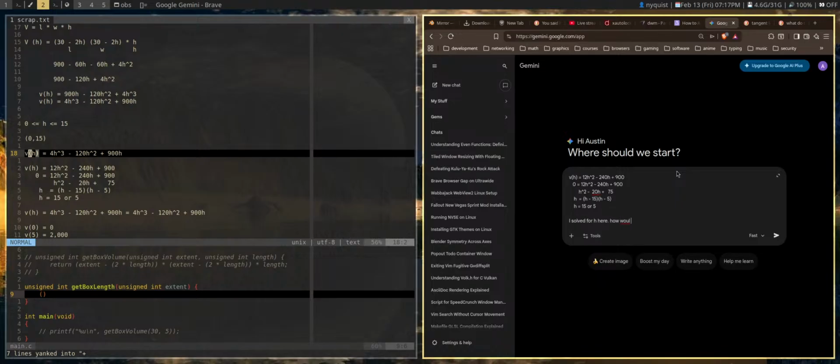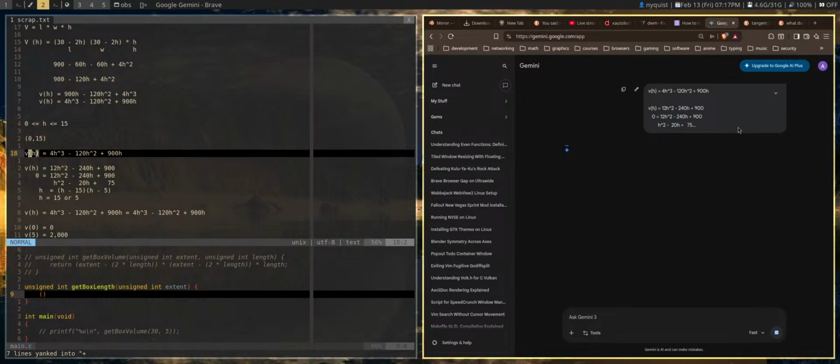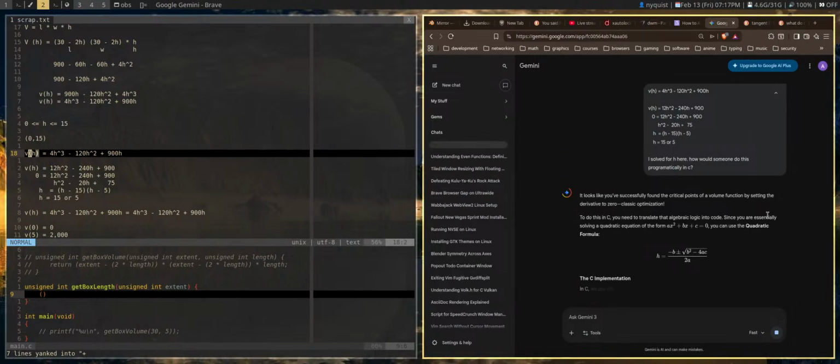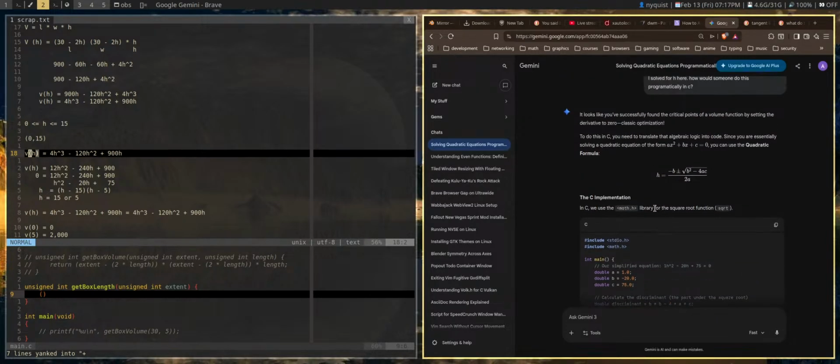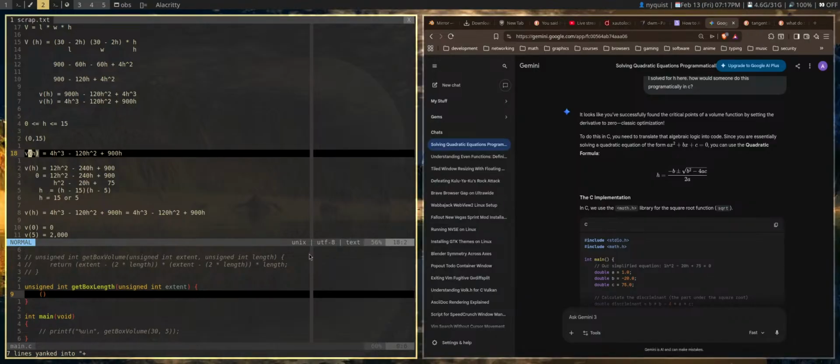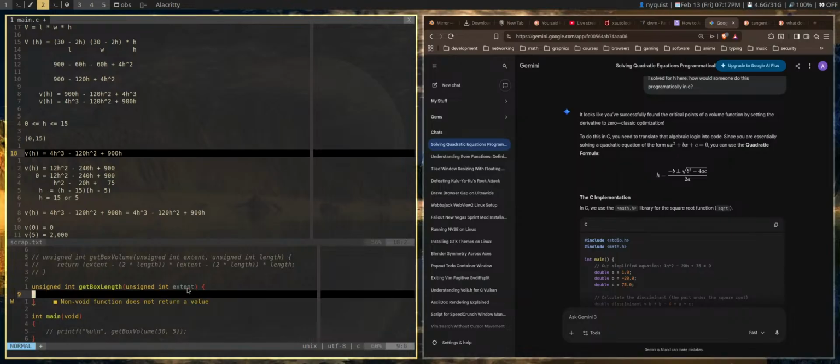How would someone do this programmatically in C? Oh, you know what? Quadratic formula, that makes sense. So yeah, programmatically, I guess you would have to use the quadratic formula.